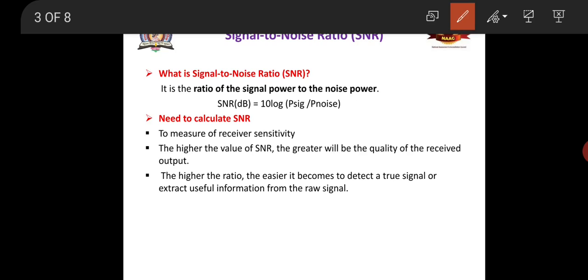So let us take an example to calculate the S by N ratio in dB.